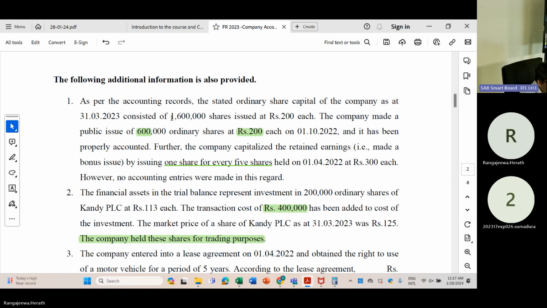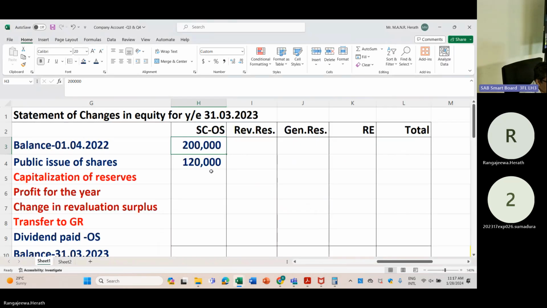There were 1,600 shares at year end, which is after accounting for the public issue of 600. So when you take the 600 out, the opening number of shares is 1,000. 1,000 into 1/5 is 200 shares issued at 300.